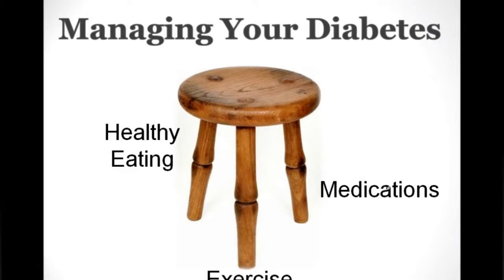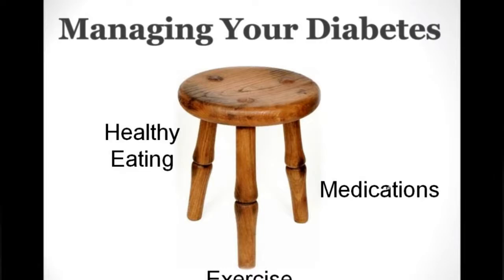20 minutes of exercise in the morning is going to increase the sensitivity of your tissues to insulin the rest of the day. Can you believe that? Just 20 minutes of exercise in the morning and you are going to be sensitive to insulin for 24 hours. Exercise does miracles for diabetics, but the most important thing is diet.